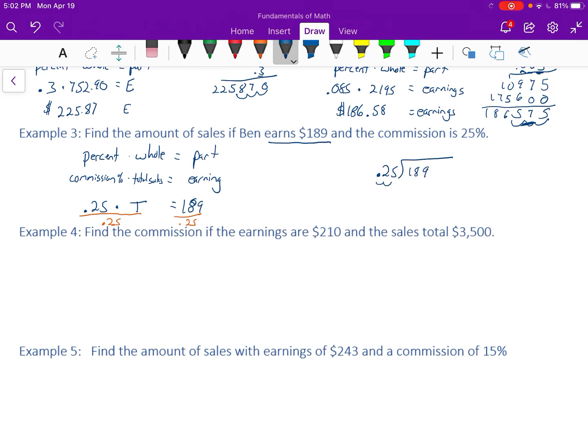Move the decimal over twice, so we move this decimal over twice and fill in with zeros. 25 into 18 doesn't work. 25 into 189 is 7. 7 times 5 is 35, so 5 add the 3. 7 times 2 is 14. Add 3 is 17.